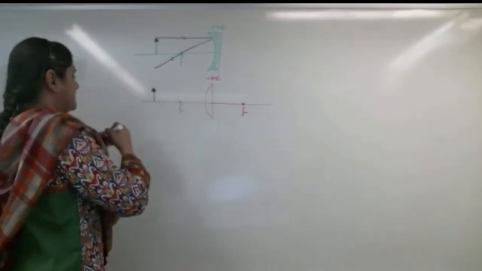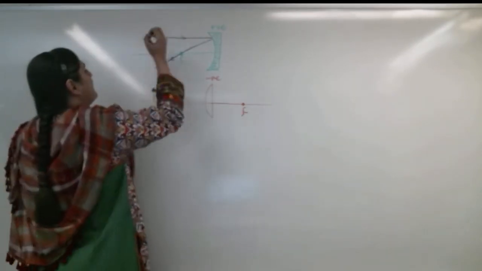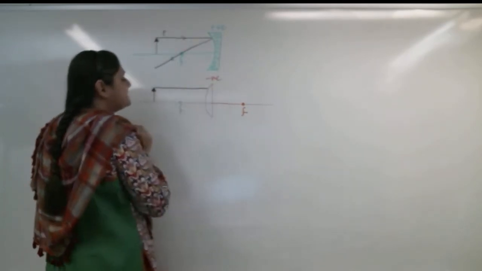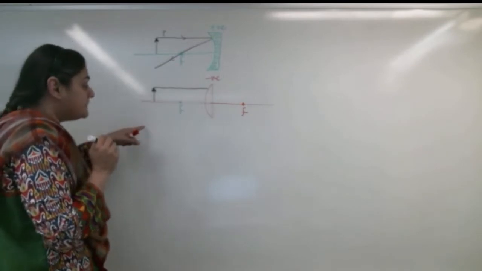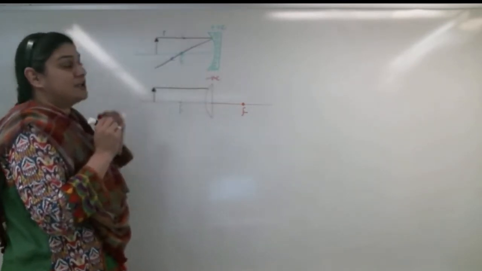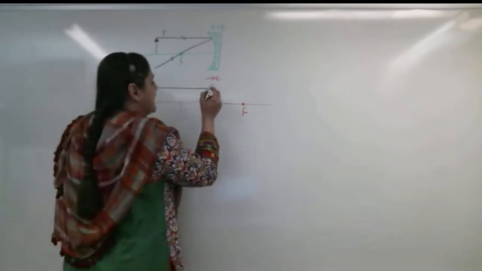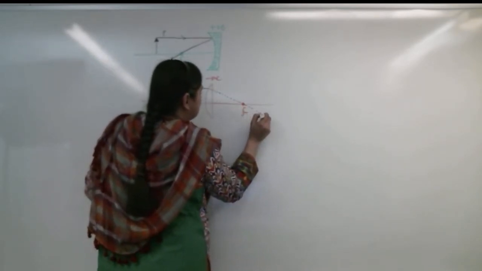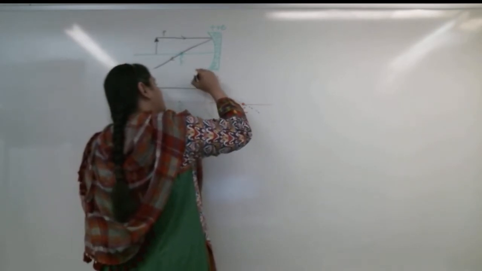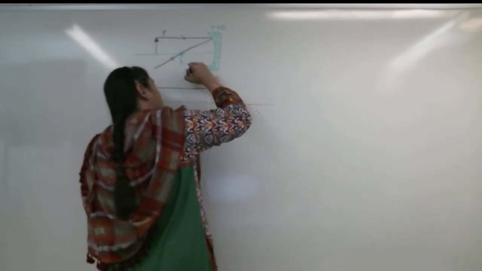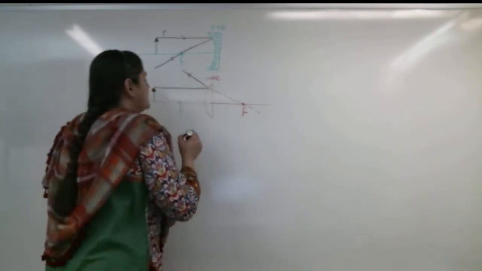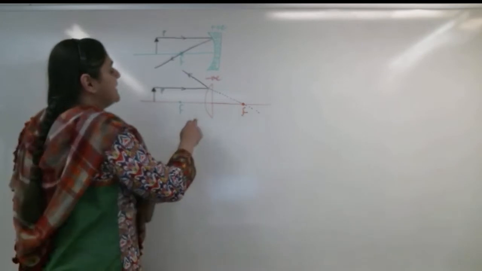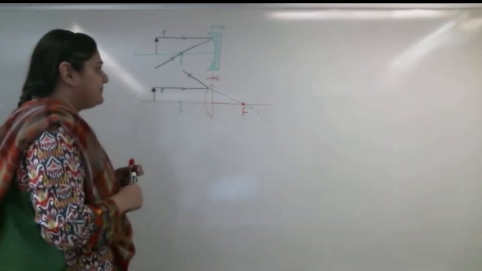Same P, parallel, I'm going to call this P, will come in here, hit the mirror, but instead of converging in, it has to diverge out. But how much? The way it's going to go is we are going to draw this as a focal point and then draw this line straight outwards. So the principal or the parallel axis for a negative lens will look like this.